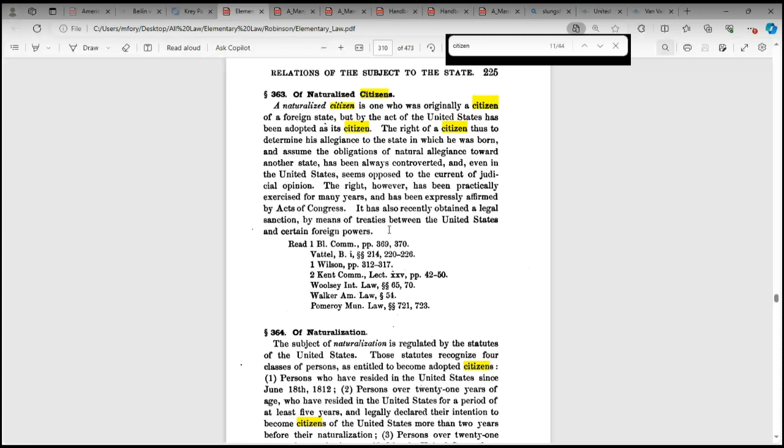The right, however, has been practically exercised for many years and has been expressly affirmed by acts of Congress. It has been recently obtained a legal sanction by means of treaties between the United States and certain foreign powers.